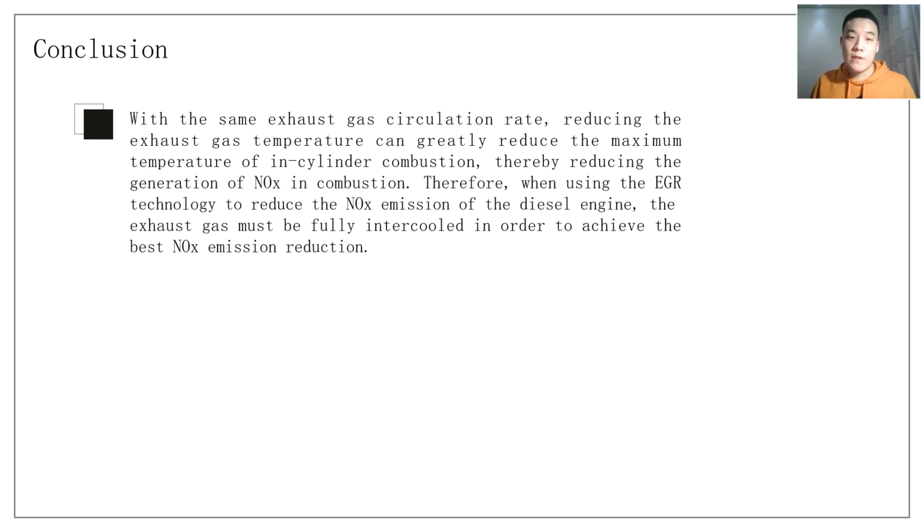With the same exhaust gas recirculation rate, reducing the exhaust gas temperature can greatly reduce the maximum temperature of in-cylinder combustion, thereby reducing the generation of nitrogen oxides in combustion. Therefore, when using EGR technology to reduce the nitrogen oxide emission of diesel engines, the exhaust gas must be fully intercooled in order to achieve the best nitrogen oxide emission reduction.